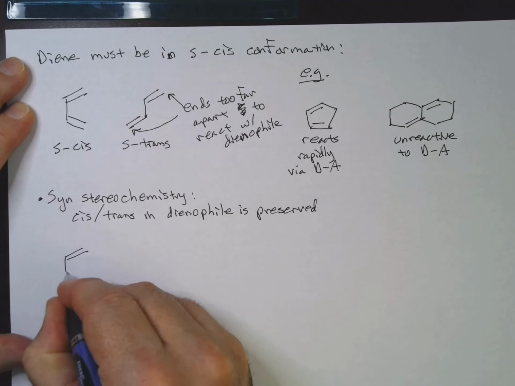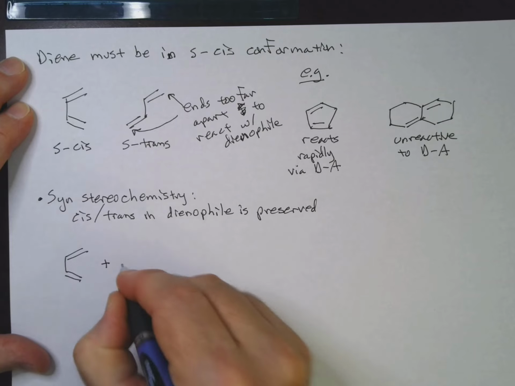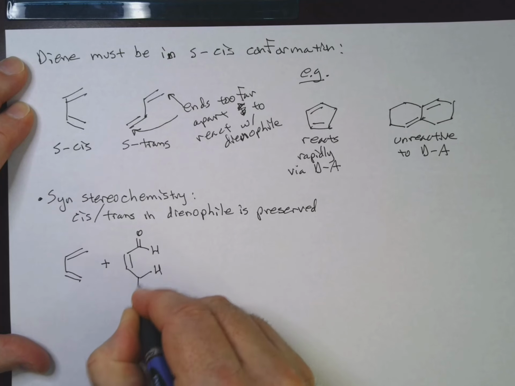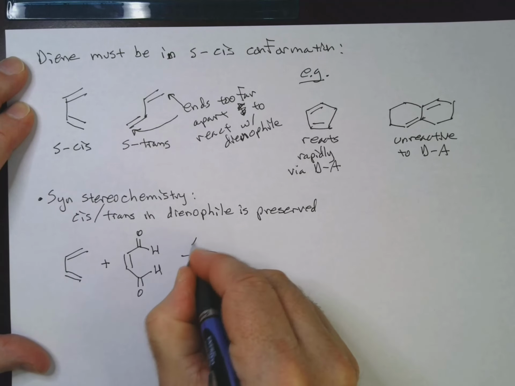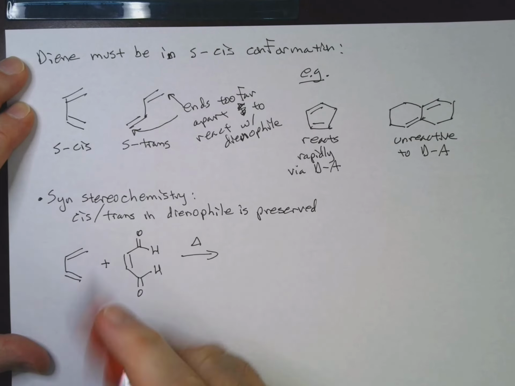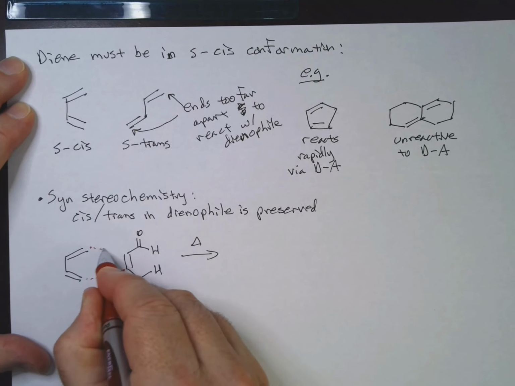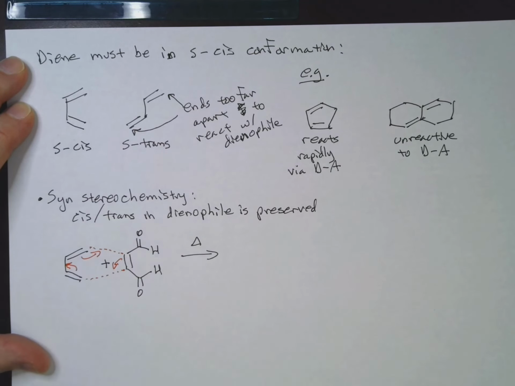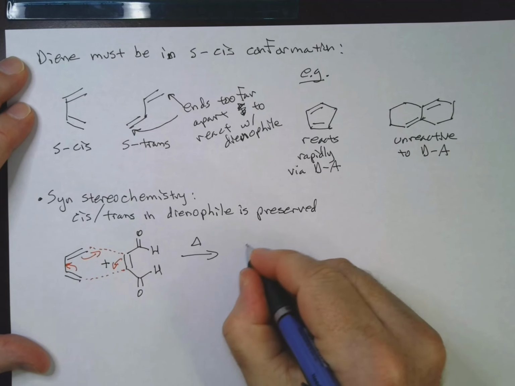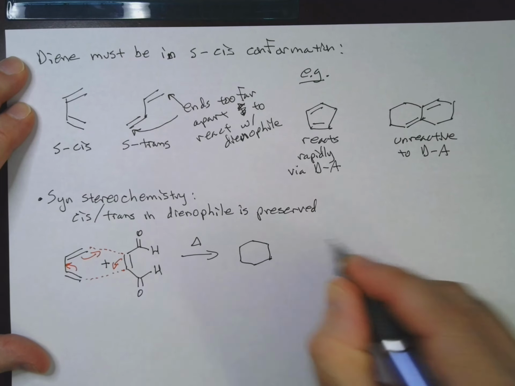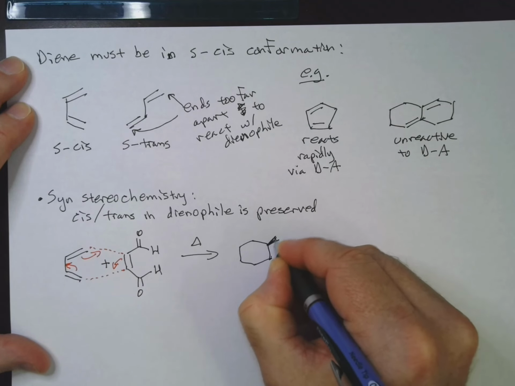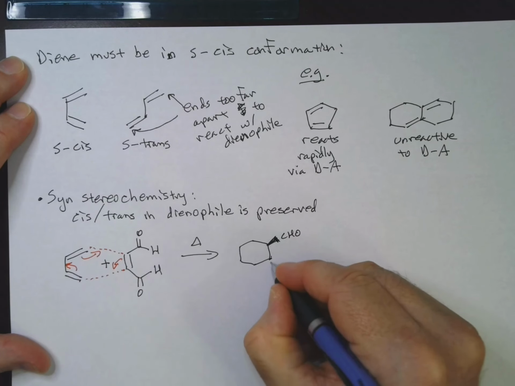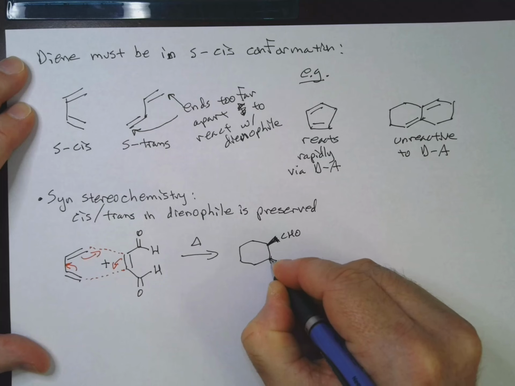Well, let's take the simplest case here. So let's say we had this guy. Again, it's always helpful if you're trying to remember what things are going to look like. Draw in where the new bonds go, and then draw your curved arrows. And so I'll end up getting CHO, that's our CHO. And these guys are cis, so they're going to be cis in the product.